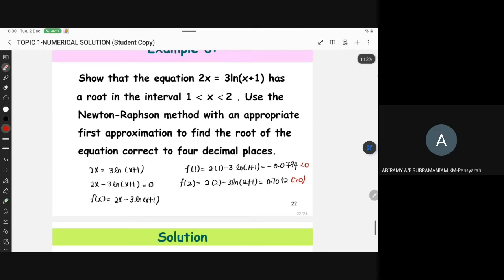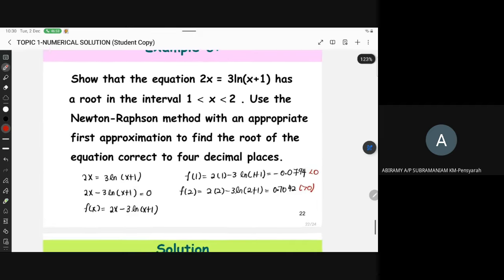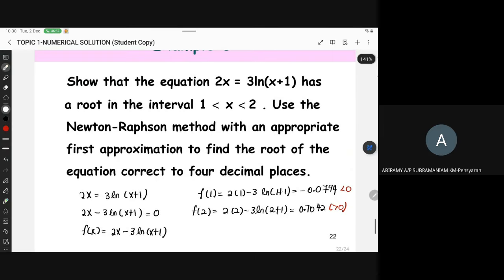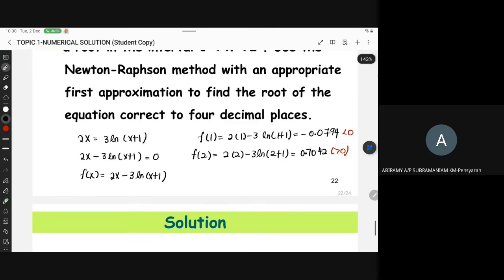So to show that there is a root, you have to show that there is a change of sign in between the two values. So you need to write your conclusion.